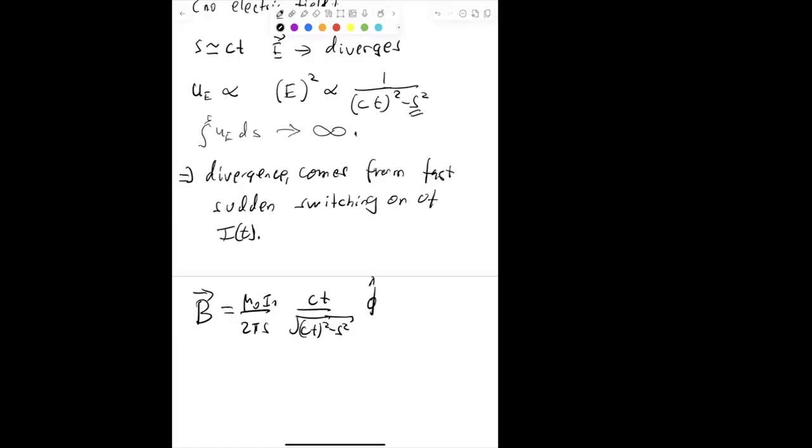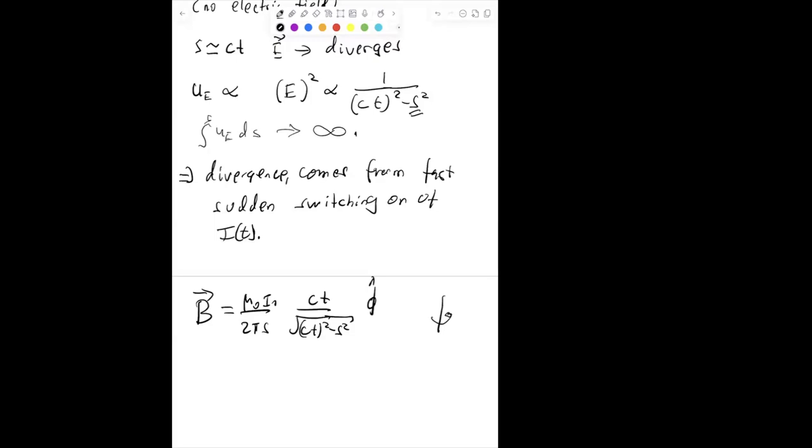Phi is the azimuthal angle. I think I wrote it with a different phi before. This is the cylindrical angle. And this is also obvious from the right-hand rule. The current is going in the Z direction, and the direction of B, as usual, is phi, kind of looping around the current. The usual thing.